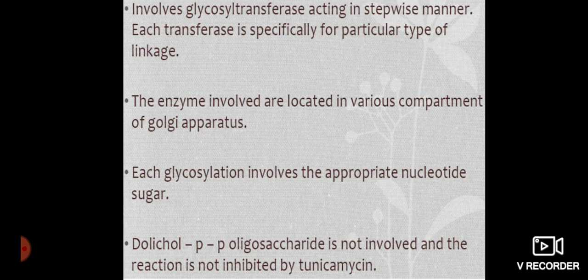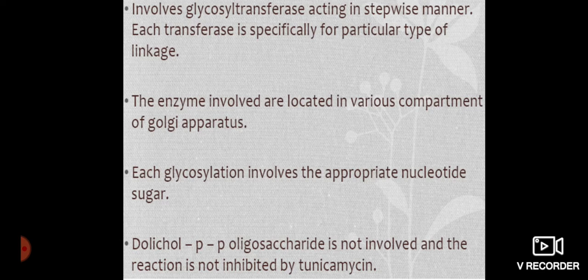And also they are very specific in terms of what type of glycosidic bonds they form, either alpha 1,4 or alpha 1,6 or beta 1,4 or beta 1,6 or beta 1,2 or alpha 1,2, like that. Very specific with respect to even the carbon atom wherein the bonds are going to get established.